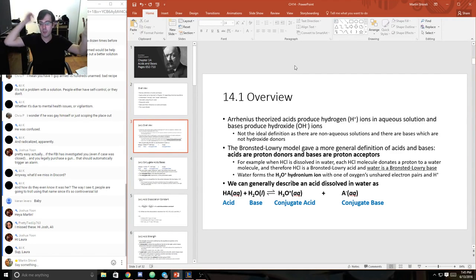You have the proton, and then you have the octet chlorine that's satisfied, and then you have that loose proton. But what ends up happening that's a little bit different is that the proton is donated to water. So of course the hydrochloric acid is an acid, but the water is actually a Bronsted-Lowry base, which I think is a pretty complex idea.